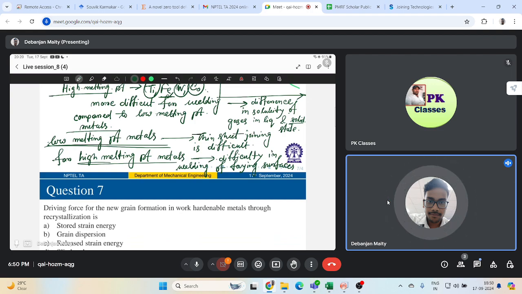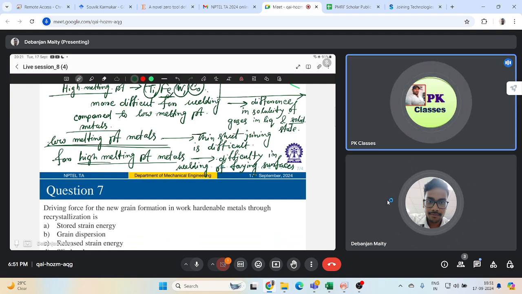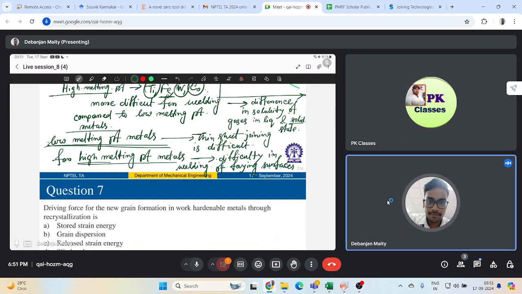Now in solid state welding, I was talking in terms of melting temperature, of course. Solid state welding relies more on large scale deformation. If you are talking about friction stir, rolling operation, ultrasonic, explosive welding, they rely on large scale deformation.